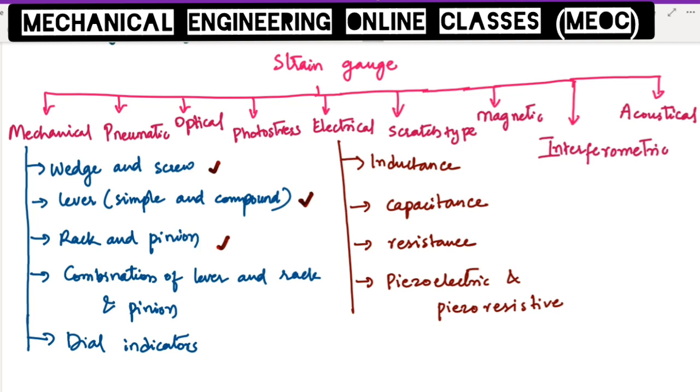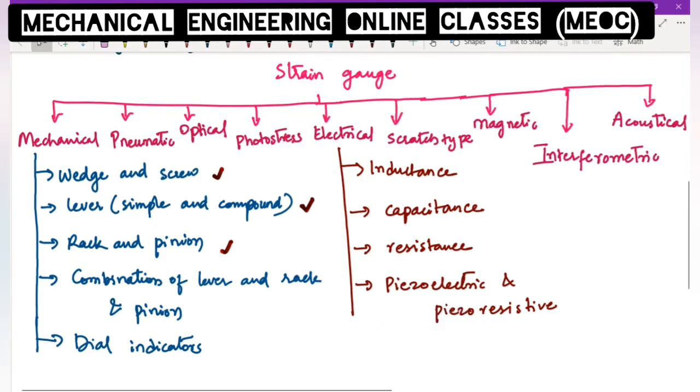Under the electrical strain gauges we have inductance type, capacitance type, resistance type, piezoelectric and piezoresistive type. These are the important types of mechanical and electrical strain gauges which we will be dealing with in the coming classes.